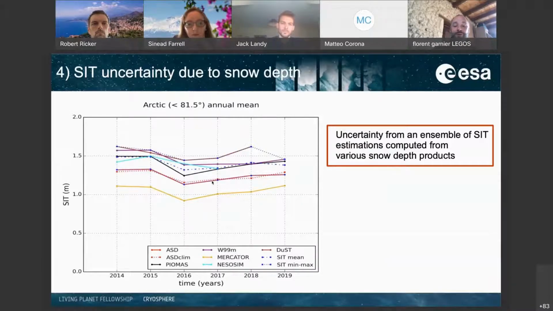We can then compute an ensemble of sea ice thickness using all the different snow depth products, and the characteristics of this ensemble can provide statistics on the sea ice thickness uncertainty, which is due to the snow depth. It can be seen as a kind of equivalent of multi-model approaches, and this time series illustrates this ensemble by representing all sea ice thickness annual mean representations.